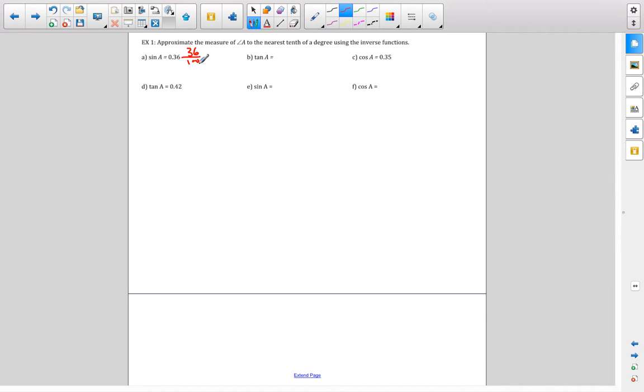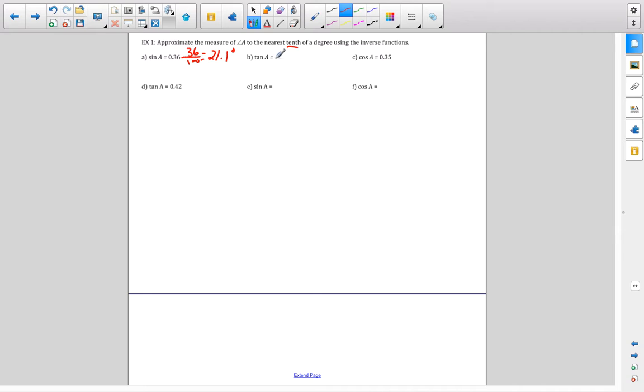So in your calculator, hit second sine, and then you can do 0.36 because it's in decimal form. And we're rounding to the nearest tenth of a degree. It will equal 21.1. So what we're saying is if the opposite to the hypotenuse has this ratio, the angle is 21.1.